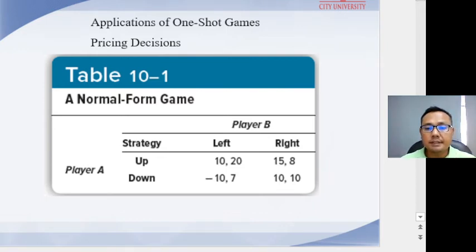A strategy is a dominant strategy if it results in the highest payoff regardless of the opponent's action. In table 10.1, the dominant strategy for A is up. To see this, note that if player B chooses left, the best choice by player A is up, since 10 units of profit are better than minus 10.